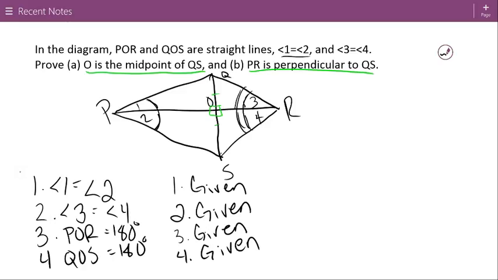So angle 1 and 3 are in triangle PQR, angle 2 and 4 are in triangle PSR. So we've got 2 equivalent angles.